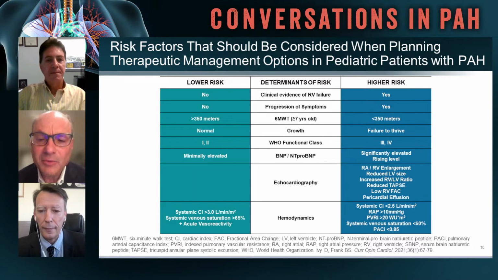And then our hemodynamic data, what is characteristic of children is that even when they present in functional class 3, usually their cardiac output and right atrial pressure are relatively well maintained. So the number of patients with very low output or high right atrial pressure is low, but they are very poor prognostic characteristics.